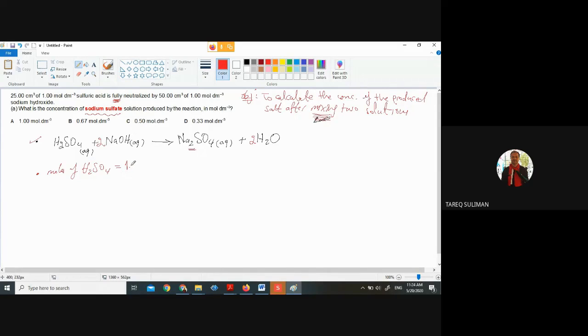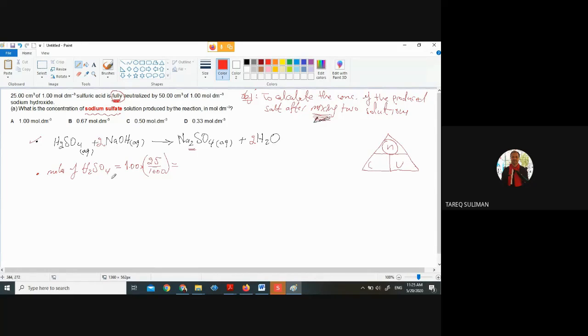This is the concentration, 50 centimeter cube of this, 25 of this. If you go to reaction stoichiometry, they are equal, Yazid. Clear? Yes, that's clear. They said they are fully neutralized by this.